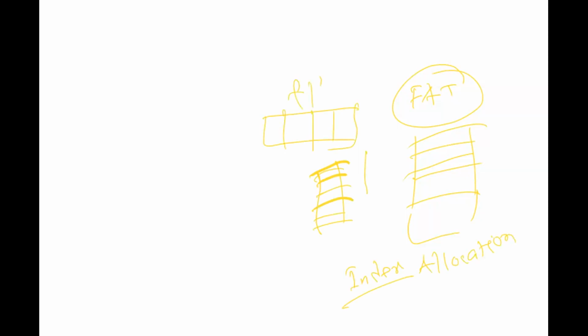File F1 contains a total of 4 blocks: 0, 1, 2, 3. So when you save this file F1, your operating system will create an index table for file F1 as well. So how many entries will there be for file F1? It will be a total of 4 entries.